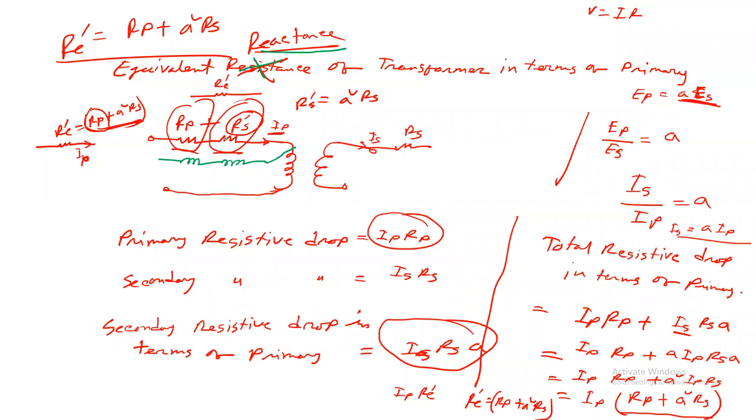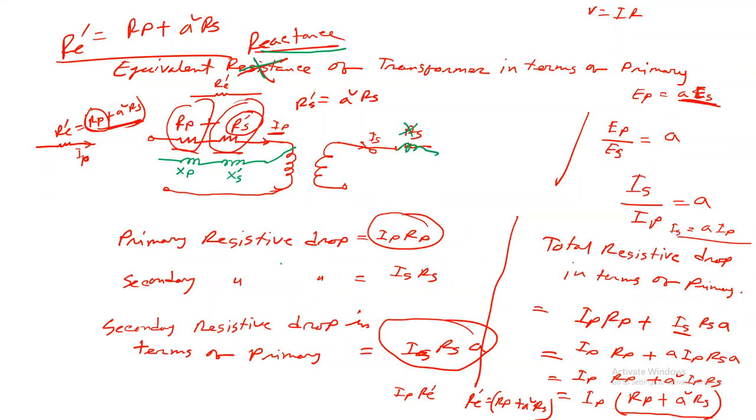These two are changed now. And these are the reactances, you know that this is not RP, this is XP, and this is X prime S. Just change. And this coil is XS. So this is your new circuit.